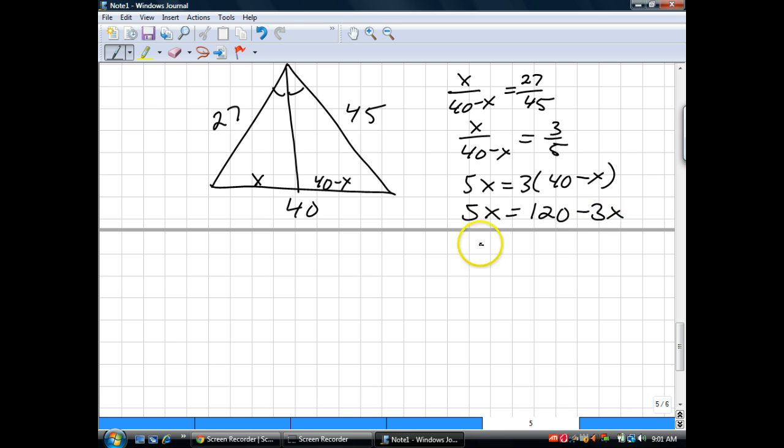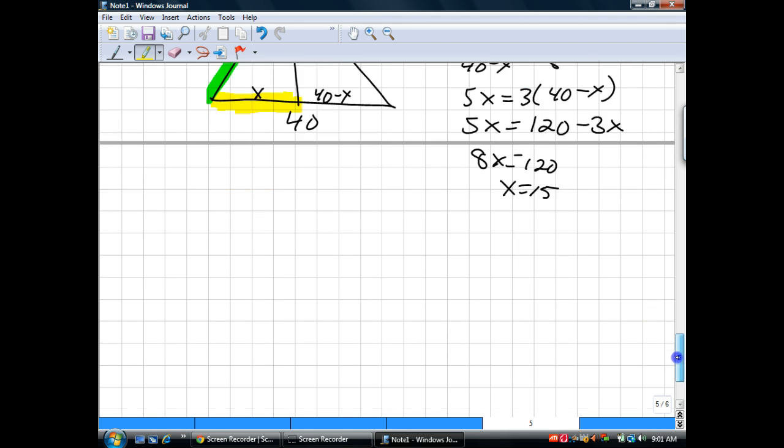Add 3x to both sides. We're going to get 8x equals 120. So x equals 15. And notice that since I put this segment first, this segment touches this segment. So it's related to that segment. So that's the one that had to go first on the second proportion.